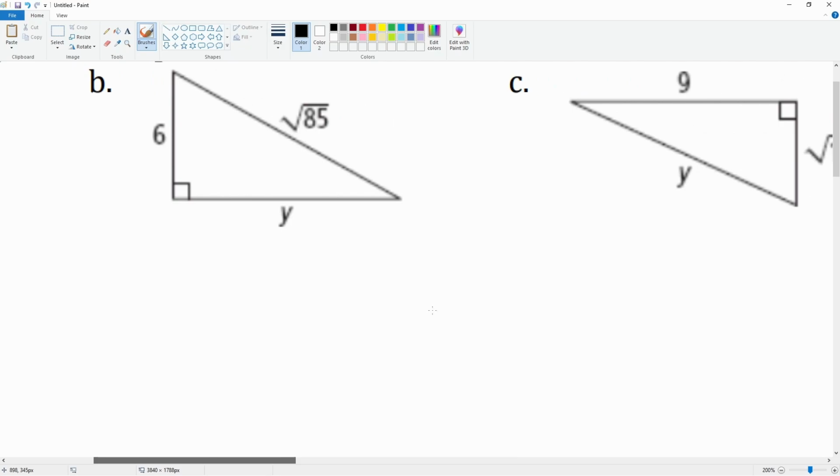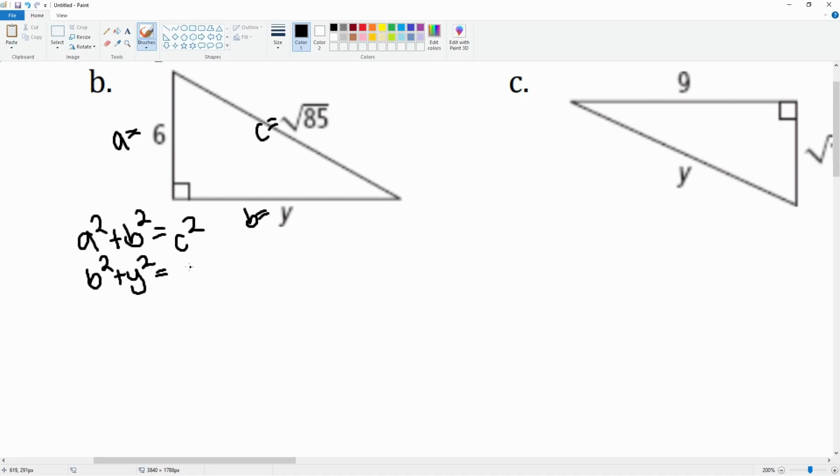Let's do the next one. This is a, which is 6. B can be equal to y. C can be equal to square root 85. All right, so here we have the formula like from before. Now we can plug in the values. 6 squared plus y squared is equal to square root 85 squared.